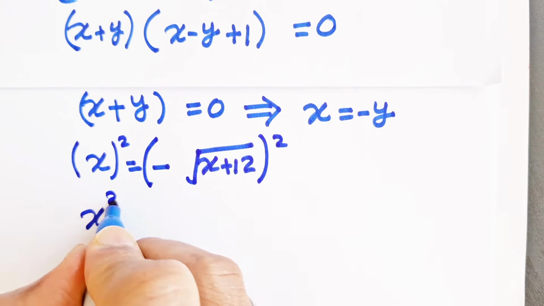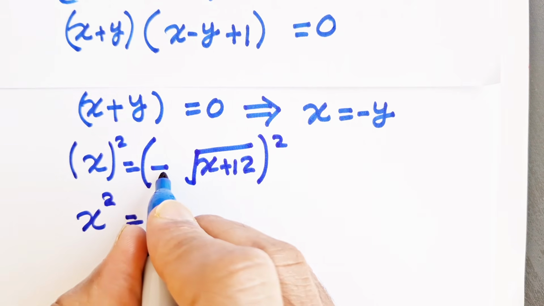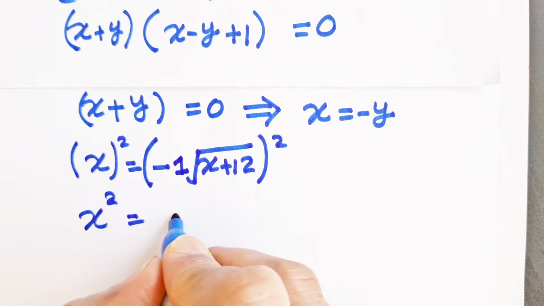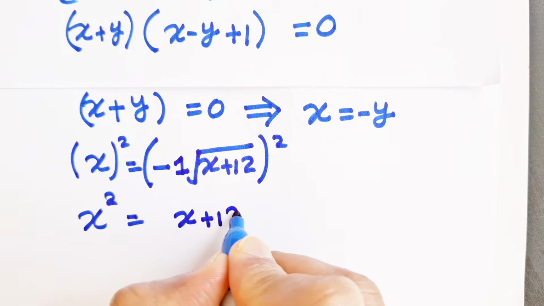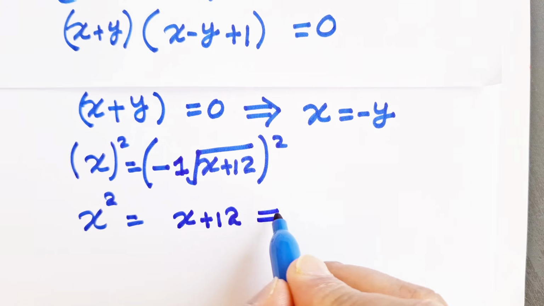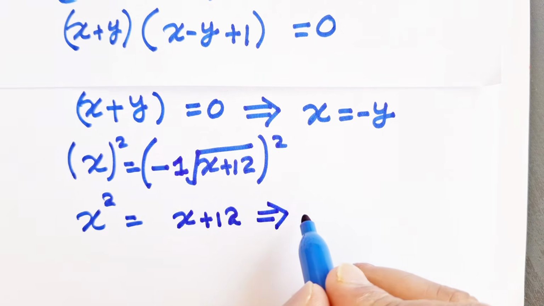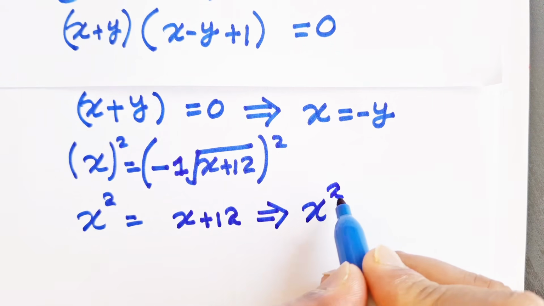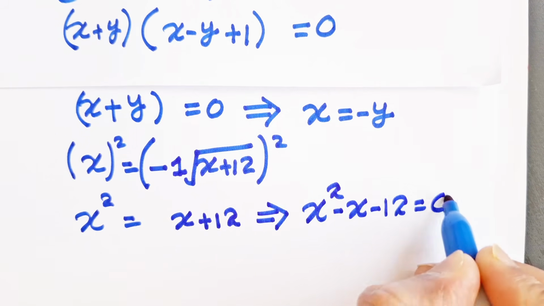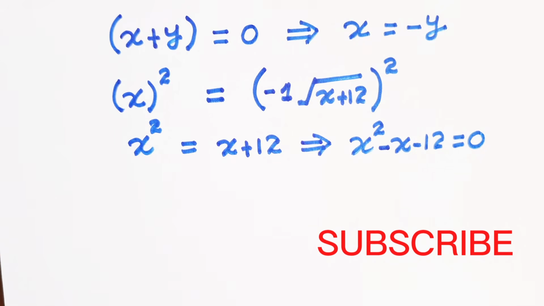So then x squared equals, actually here we have minus 1, so minus 1 squared is equal to plus 1. Then on the right hand side we have x plus 12. Now I am going to take all the elements to the left hand side. Then we have x squared minus x minus 12 equal to 0.